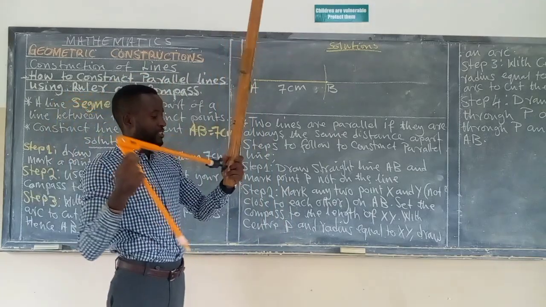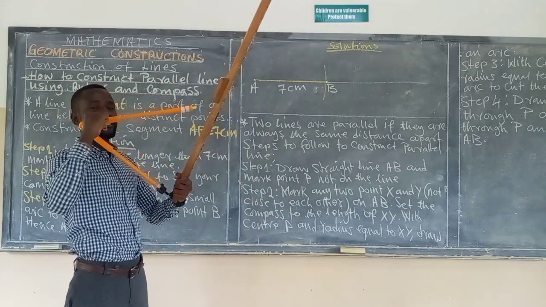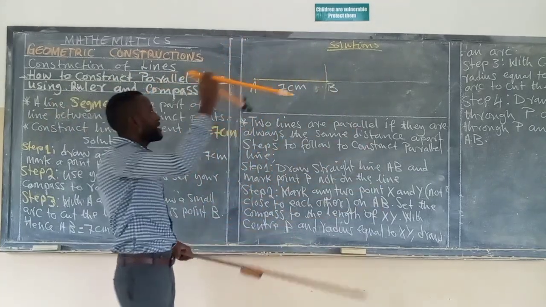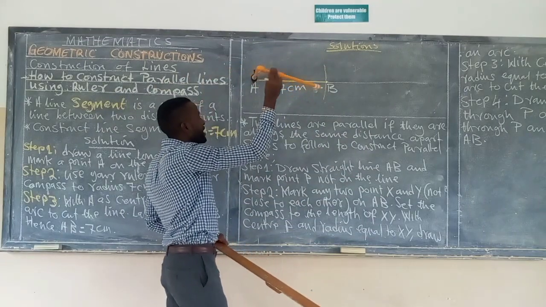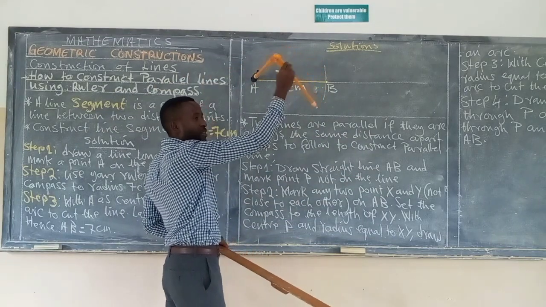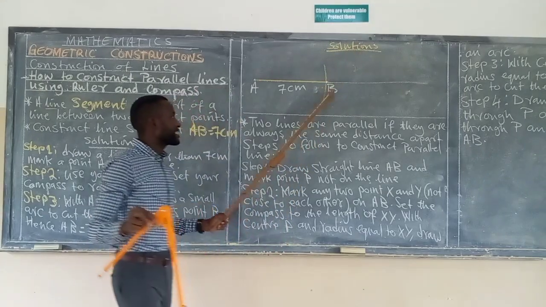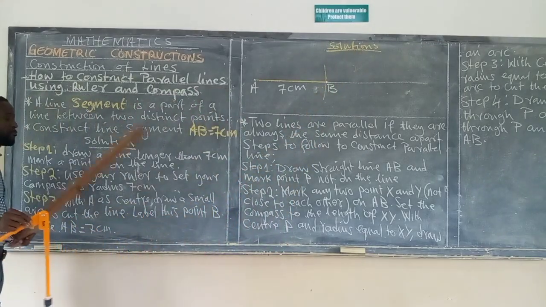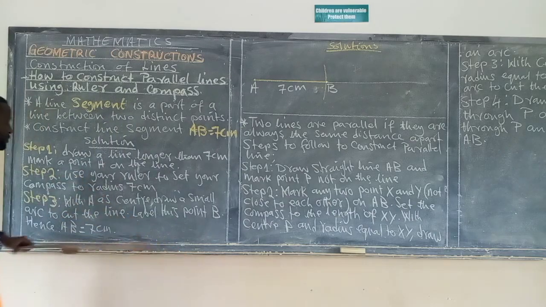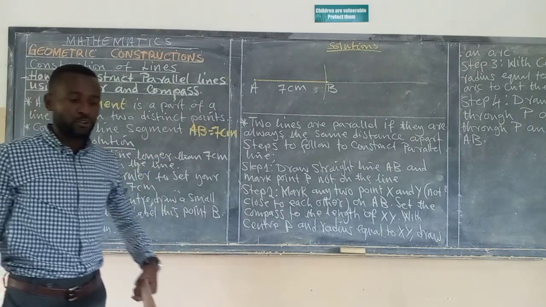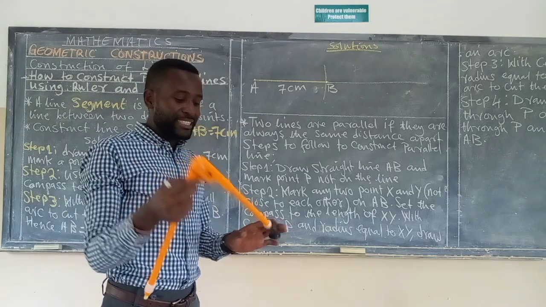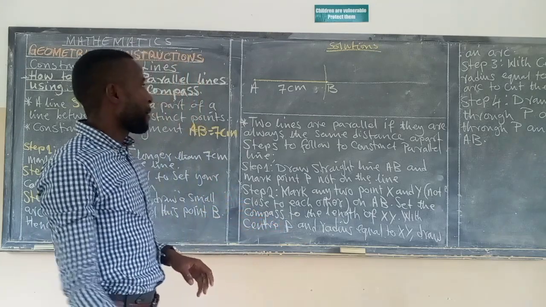Get the radius 7 centimeter with your compass, then put your sharp pin on A and strike an arc. Then you have drawn the line segment, and you name the point where it is cutting B. These are the steps I've put there for you. If you follow these steps, the line segment will not be difficult.